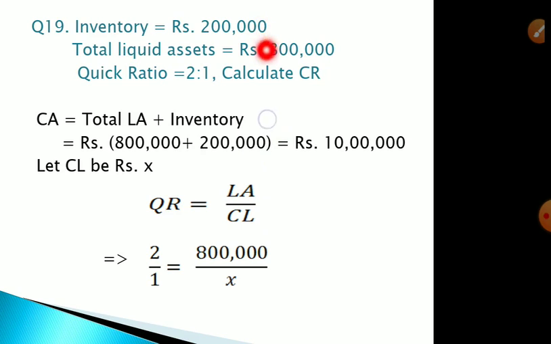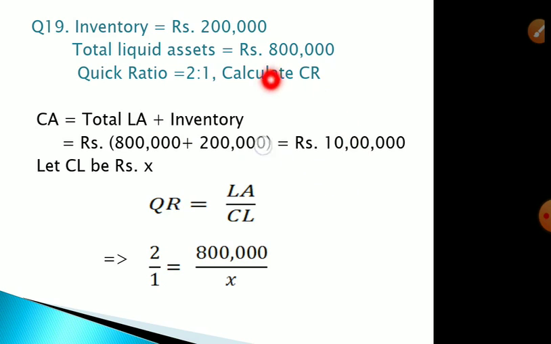Here in this question, we don't have a current assets figure, neither do we have a current liability. So what we'll do is, total of liquid assets is given and inventory is given. If I add these two, I'll get the current assets. So first what we have done is, we have found out the current assets, that is total of liquid assets plus inventory, which is equal to 10 lakh.